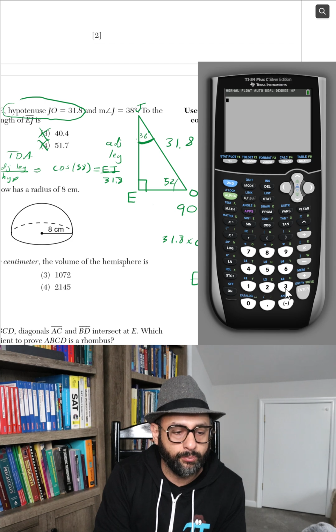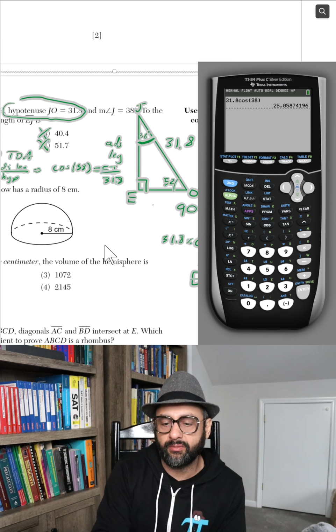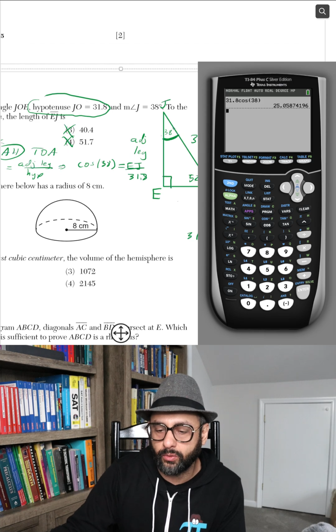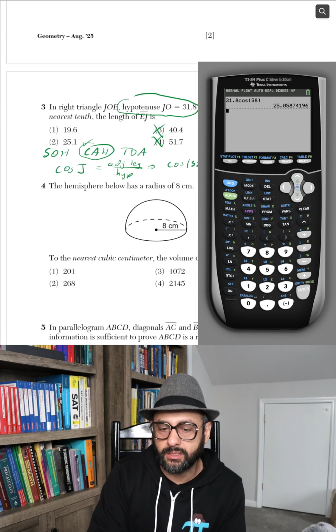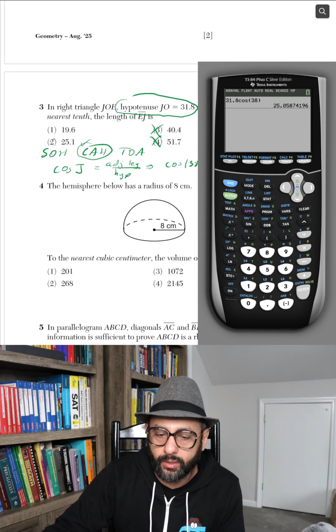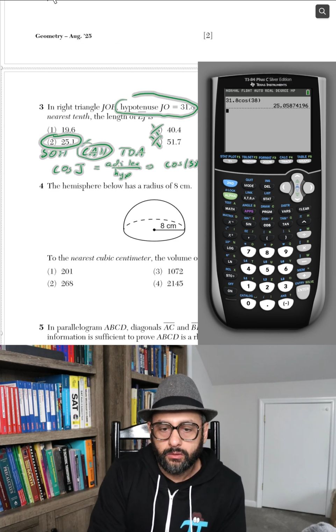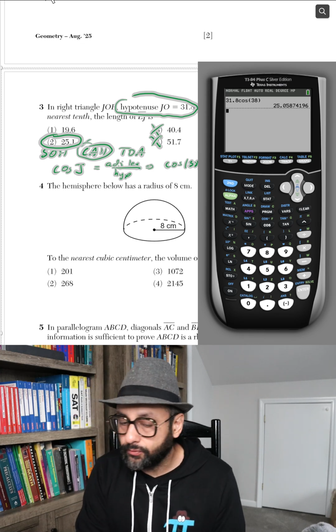Now 31.8 times cosine of 38, and that's equal to 25.05, which is around 25.1, according to the answer choices. They said to the nearest tenth, 25.1. Okay? So far we're doing great.